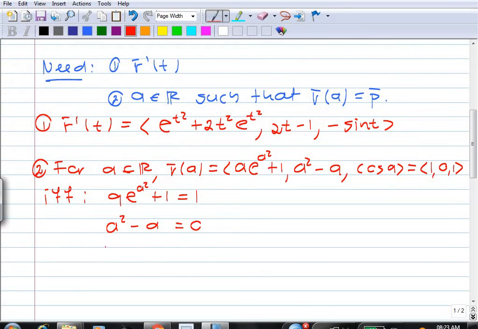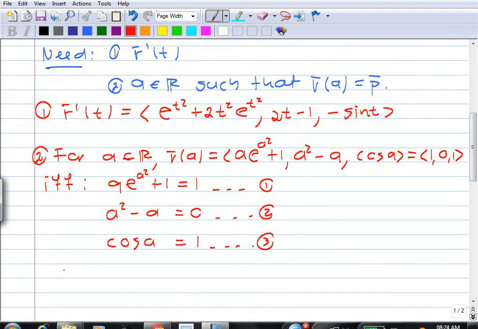And we've got cos a is 1. So we've got three equations, and we must find one real number that satisfies all three equations simultaneously. Now, the second equation tells us that either a is 0 or a is 1.